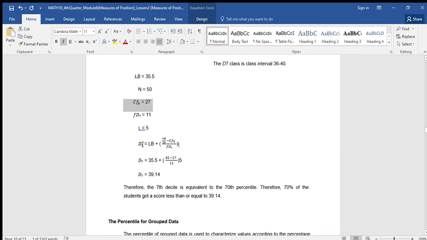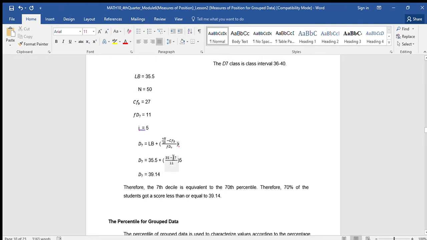So we'll just put it in our formula here. D sub 7 is equal to 35.5, our LB, and our 7n over 10 is 35. Our cumulative frequency before the class is 27, our frequency is 11, and our interval is 5.